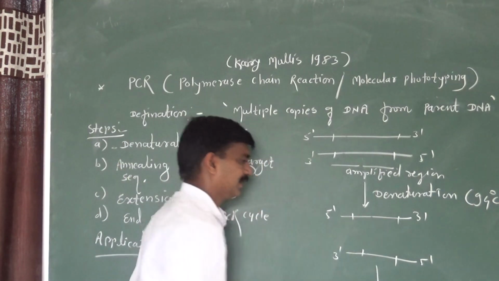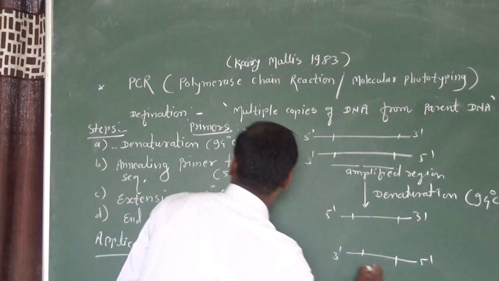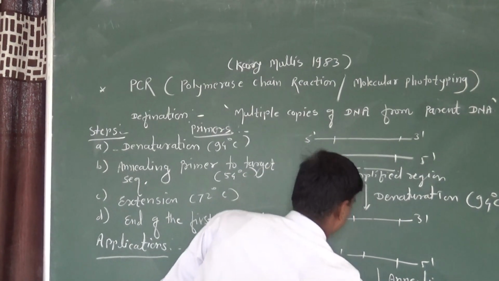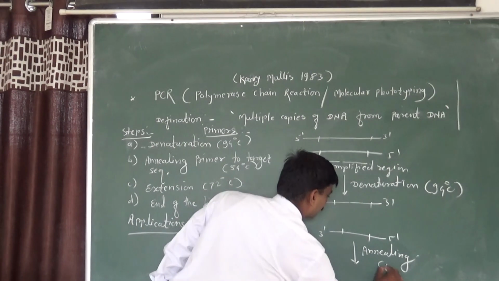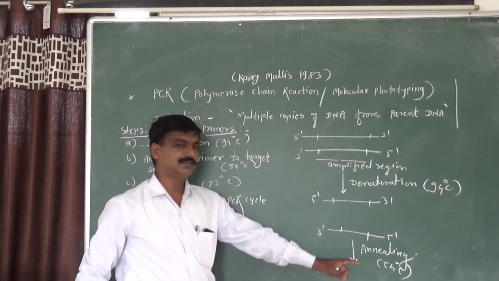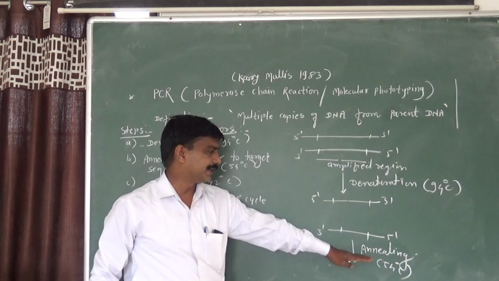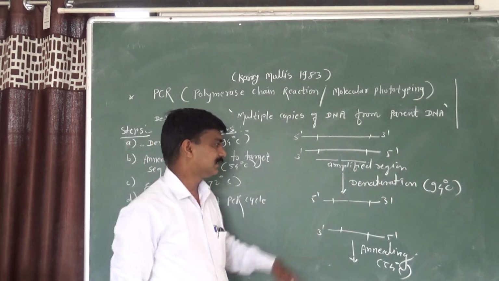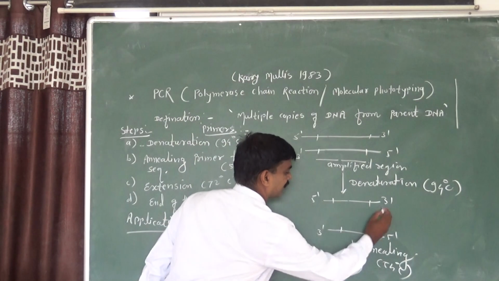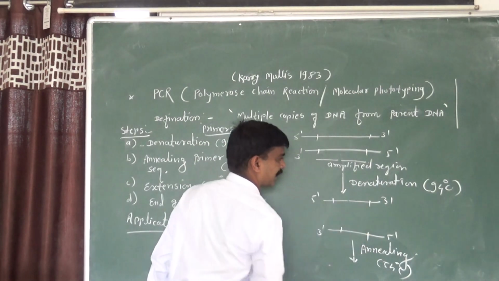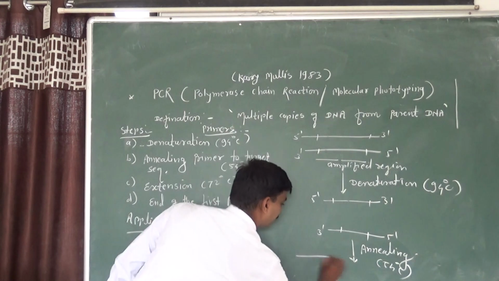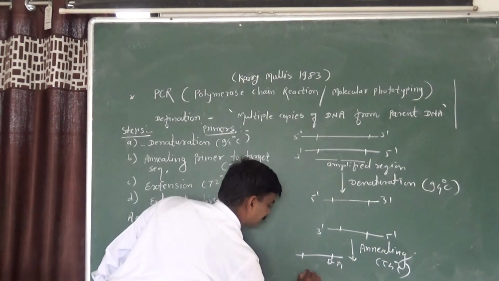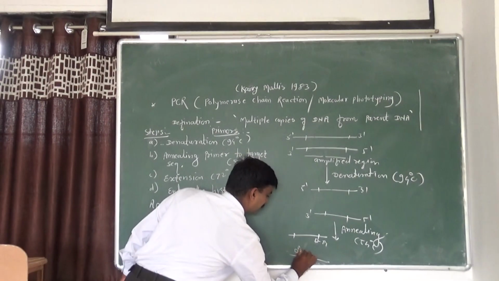Another step is annealing, at 54 degrees centigrade. Annealing means the primer is attached to the 3' end, that is, primer first and primer second.